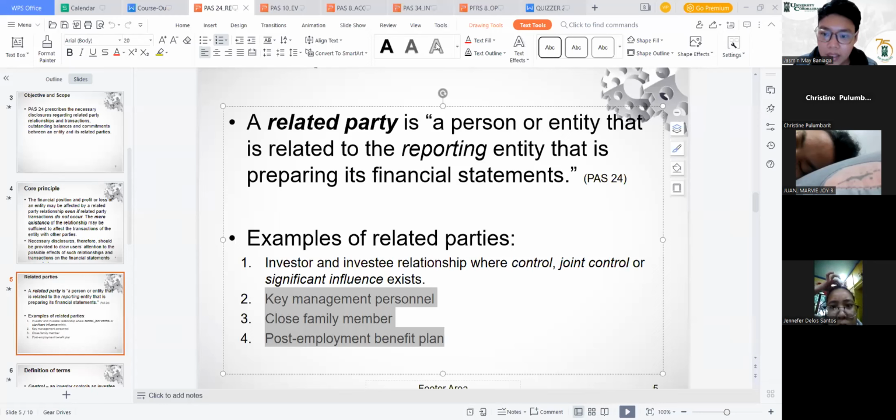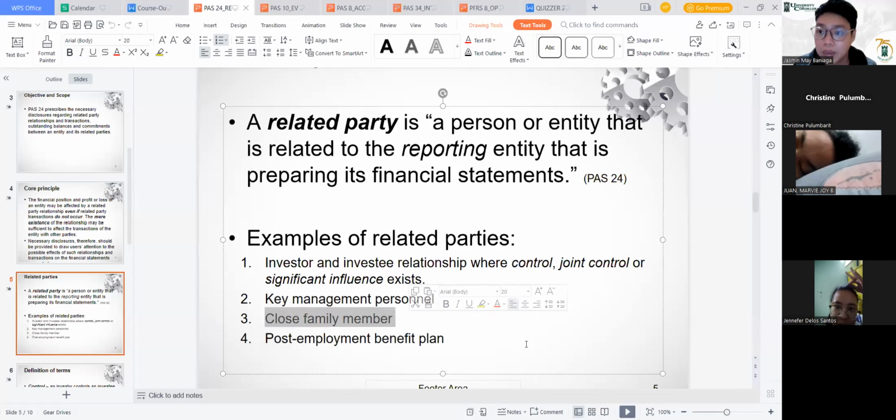Let's say, for example, in the entity, one of the board of directors or management, his or her brother or sister or siblings or husband or wife had a transaction with our entity, like he or she is a stockholder as well. This is the case of PAS 24 for related party. That's why we have close family member.